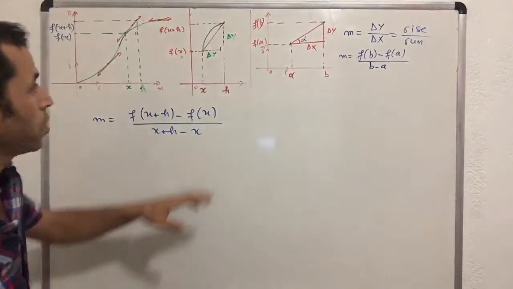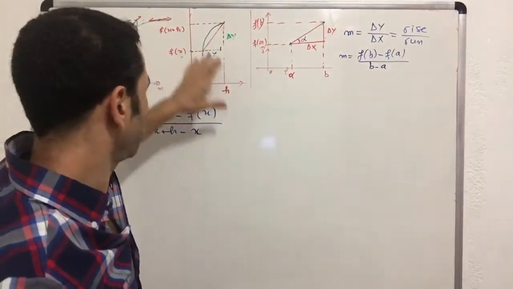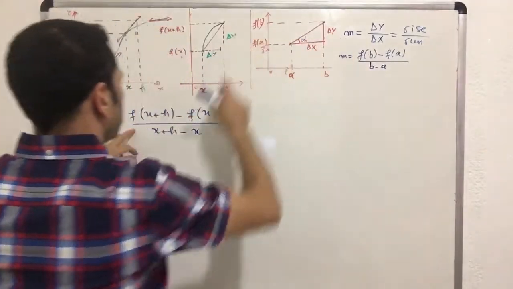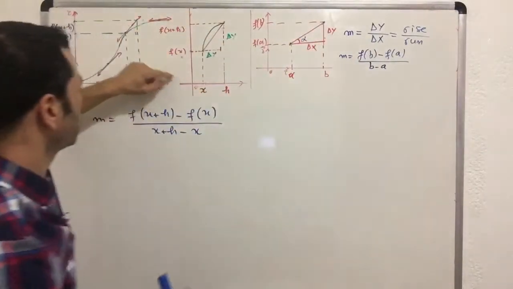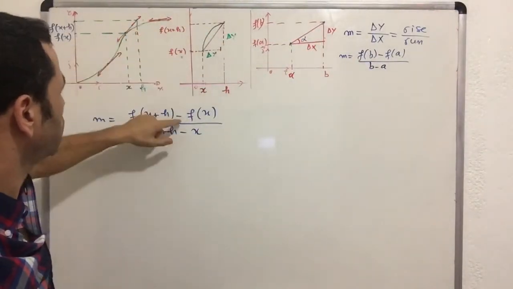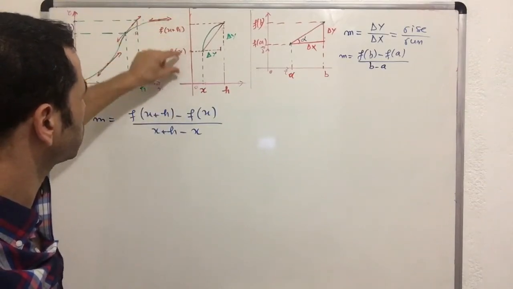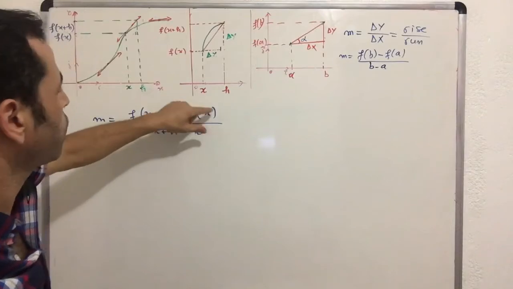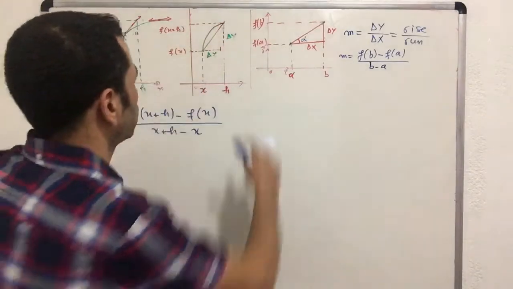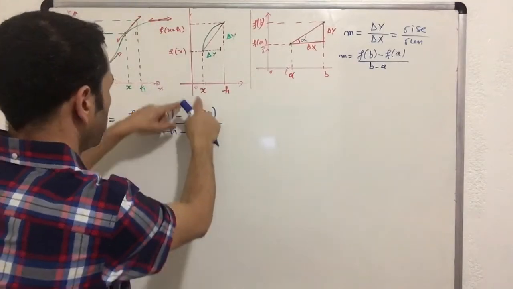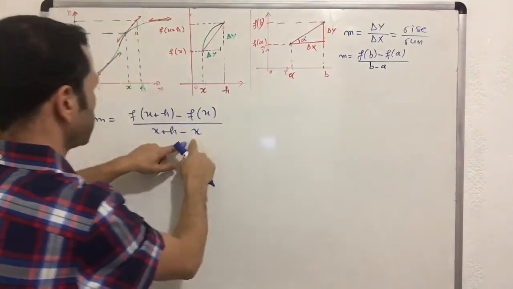We are changing in y, which is f of x plus h minus f of x, over the change in x, which is x plus h minus x.